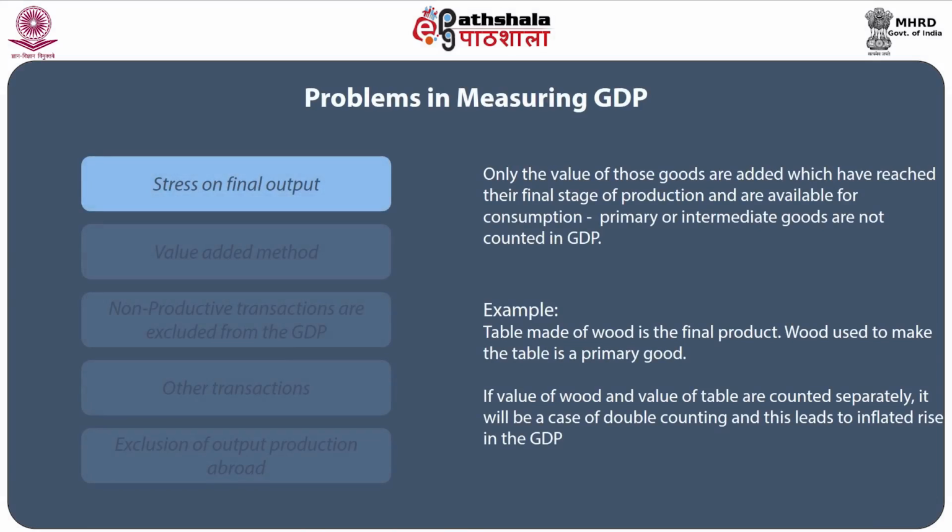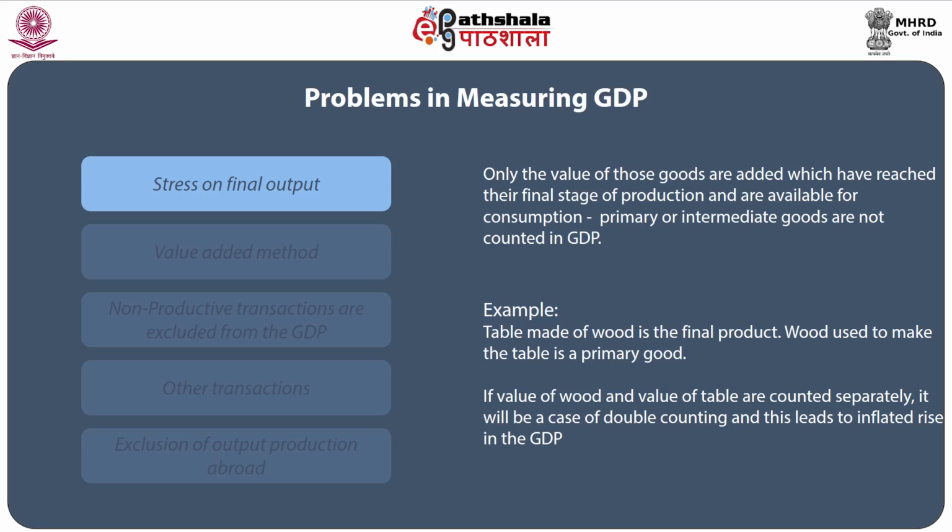There are certain problems in measuring GDP. Stress on final output. While calculating the gross domestic product, only the value of those goods is to be added which have reached their final stage of production and are available for consumption. The primary or intermediary goods are not counted in the GDP. For example, a table made of wood is the final product.